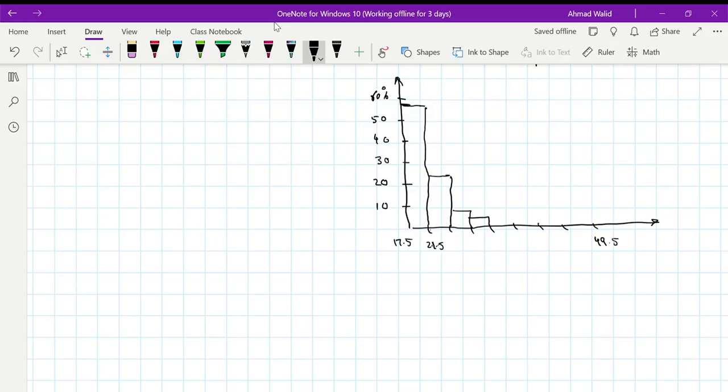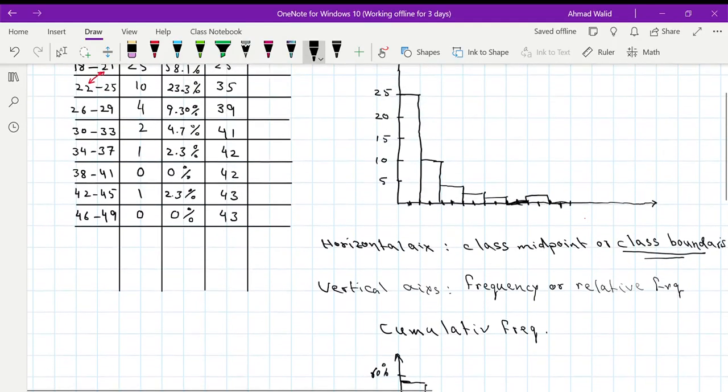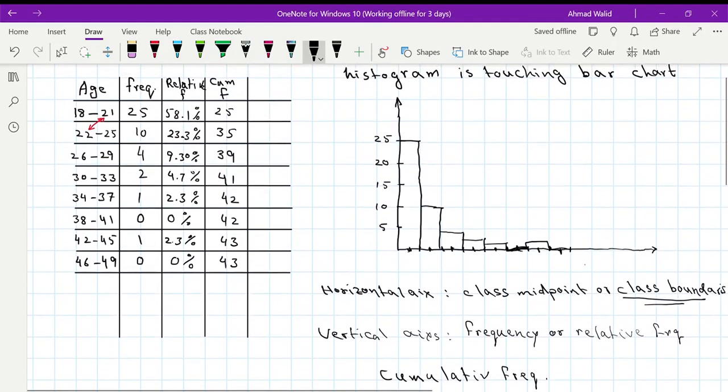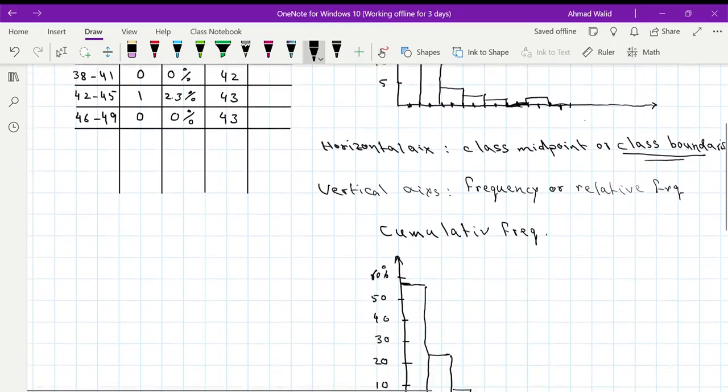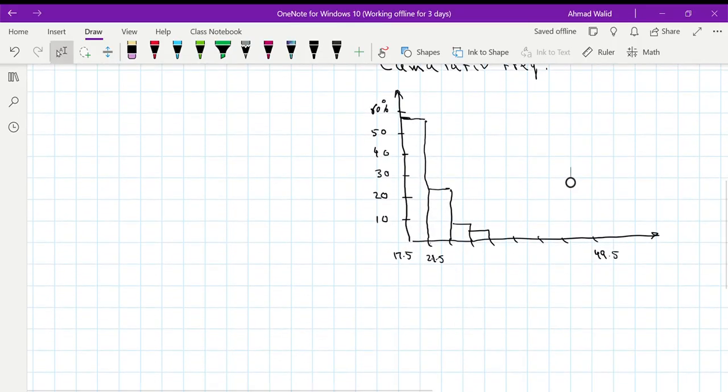Then you have 2.3%, then 0% and 2.3%. 2.3%, 0%, again 2.3% and 0%. Correct? This is how you graph a histogram.